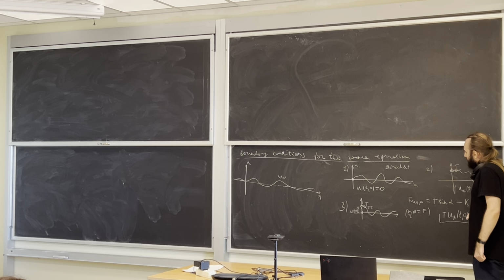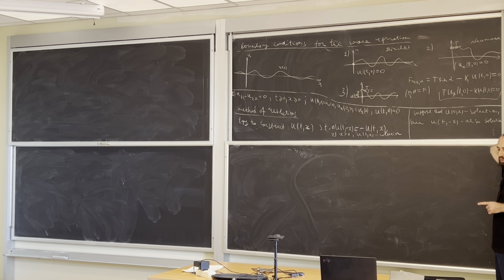What precise property of this equation is important? Suppose that we have some function u of t and x which solves the wave equation. Now instead of this, we consider the function u of t minus x and try to substitute it into the same equation. Will it solve it? And if yes, why?